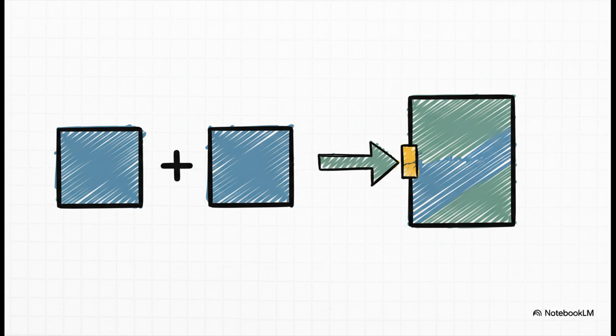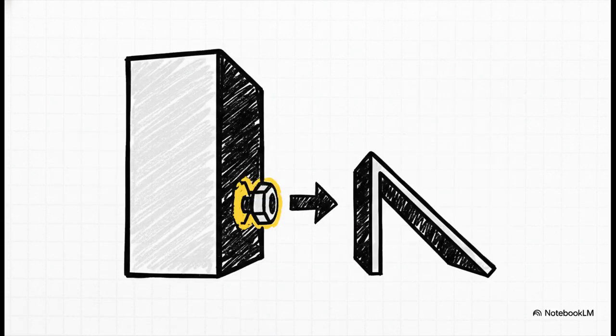You're basically just connecting 2 complete rooms to make a bigger suite. Or you can get a little more sophisticated and build a complex sentence. This is where you attach a supporting idea, a dependent clause, to your main idea using a word like because, although, or when. This is what adds real nuance and explains the relationship between your ideas.